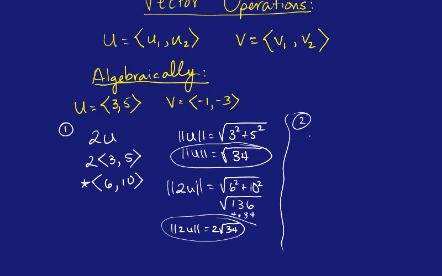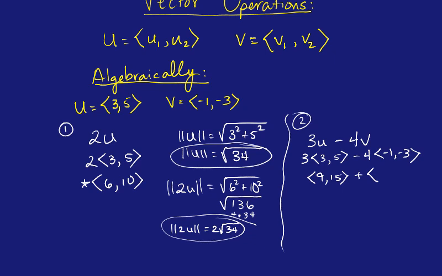So if you had to do something like 3u minus 4v, it's basically an algebra problem. You just take 3 and multiply by u, so 3 comma 5, and then minus 4 times -1, -3. And you just distribute, doing good math. So you would have 9 and 15, and you can just distribute the 4 and keep it subtraction, or you can distribute a -4 and call it addition.